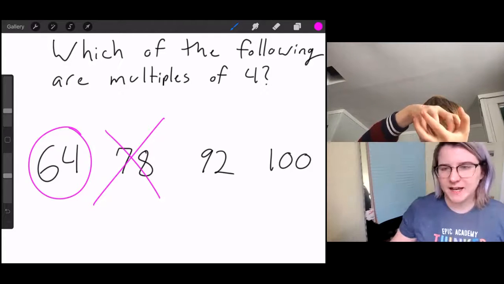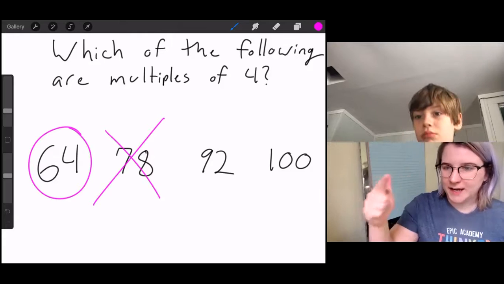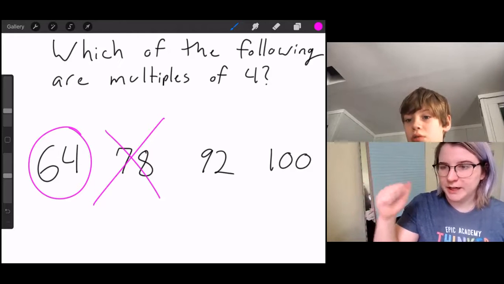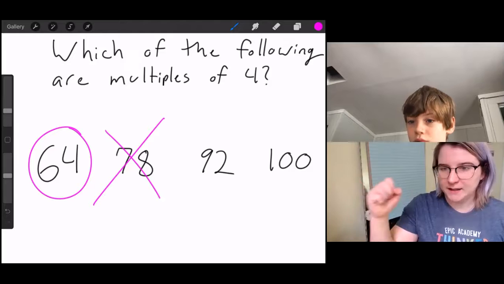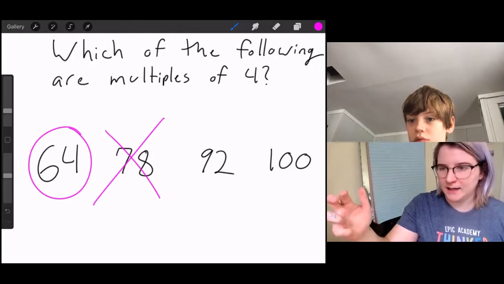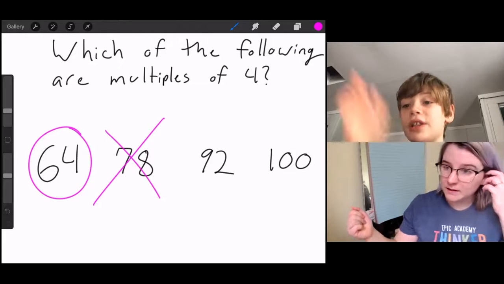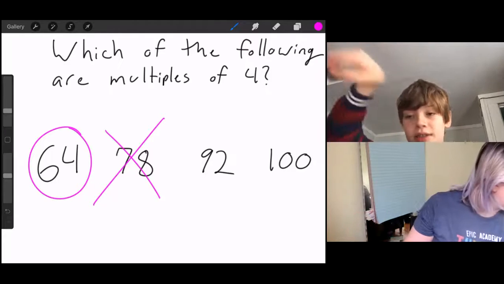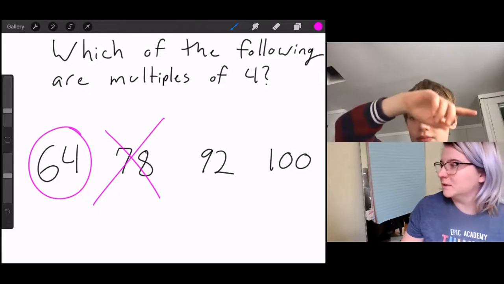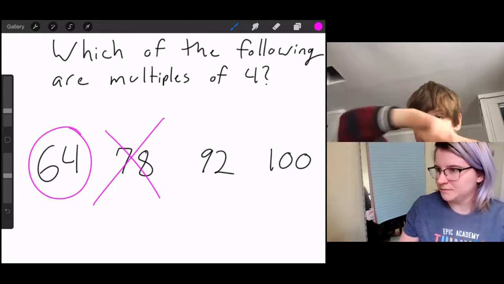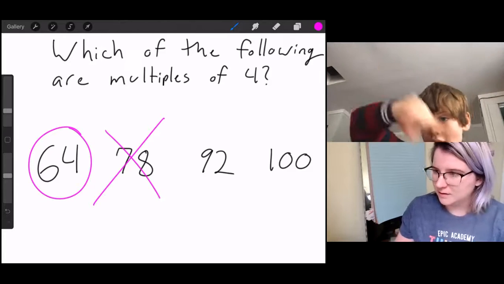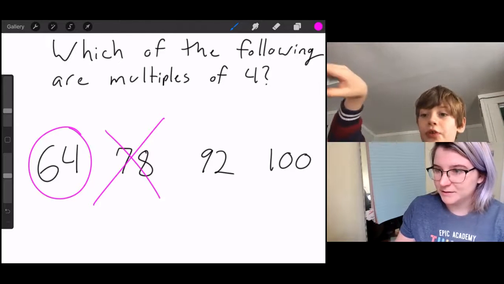Well, where were we? 78, 79, 80, 81, 82, 83, 84, 85, 86, 87, 88, 89, 90. So 92 is not a multiple of 4. It's just like I was saying. Not a multiple of 4. It skips. It's a multiple of 2, but it's not a multiple of 4.